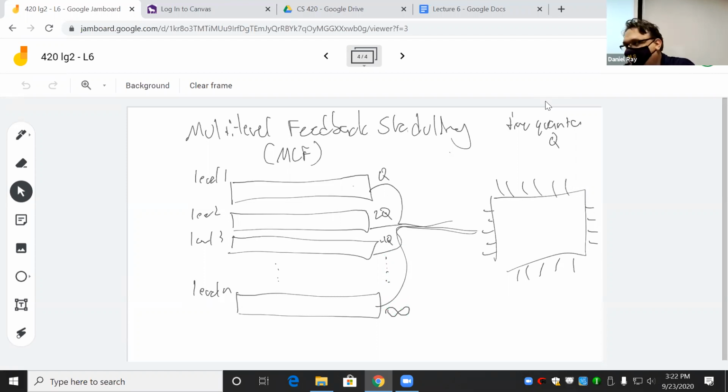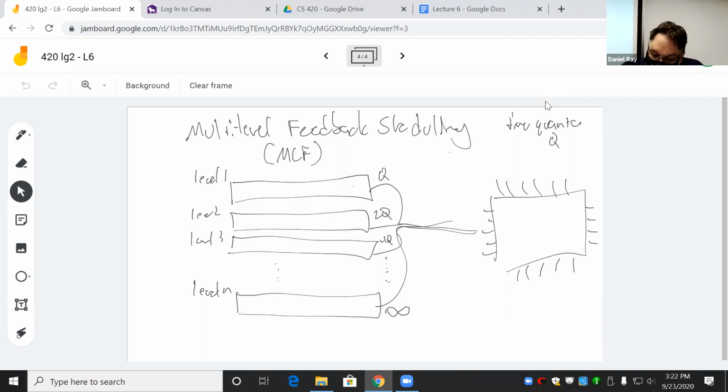So they have effectively an infinite time quanta. Okay? They get to run until they are done. Already with this, you begin to see something that multi-level scheduling didn't have.